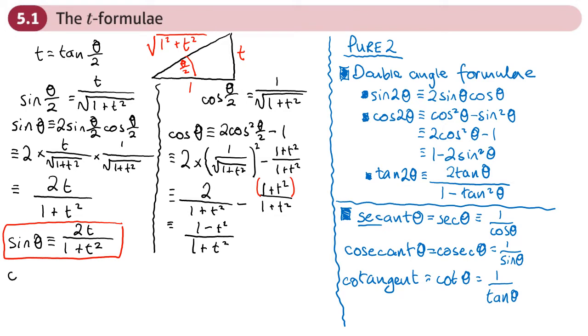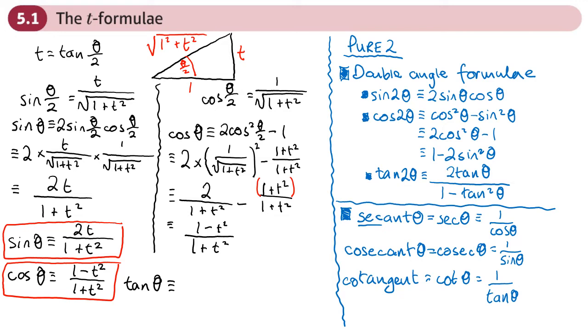Let's put this over here. So cos theta is 1 minus t squared over 1 plus t squared. Again, this isn't in the formula book, so this result needs to be memorized. Now, since tan is sine over cos, we can get a similar result for tan theta just by taking the result we've got for sine and dividing it by the result we got for cos.